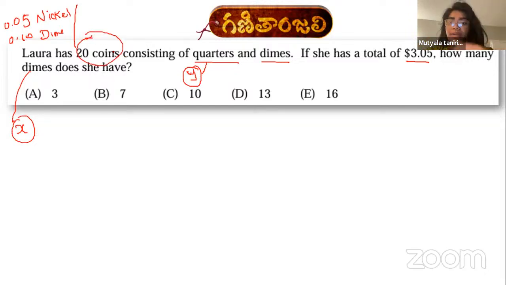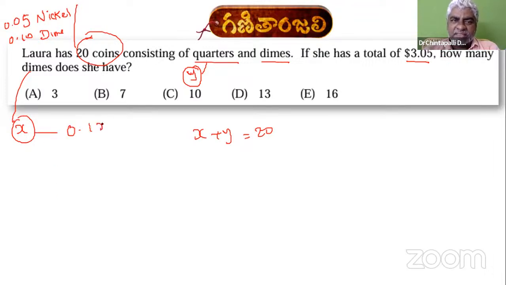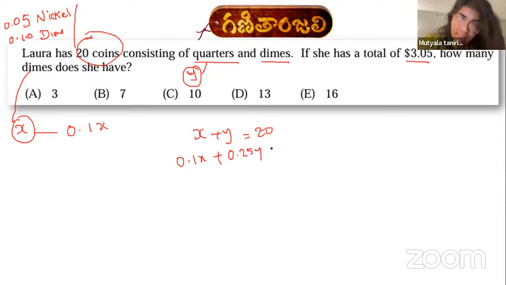X plus Y equals 20. Very good. The total is $3.05, so the value is 0.1X plus 0.25Y equals 3.05.